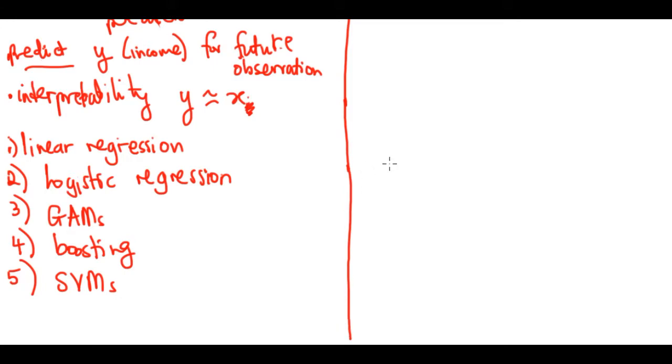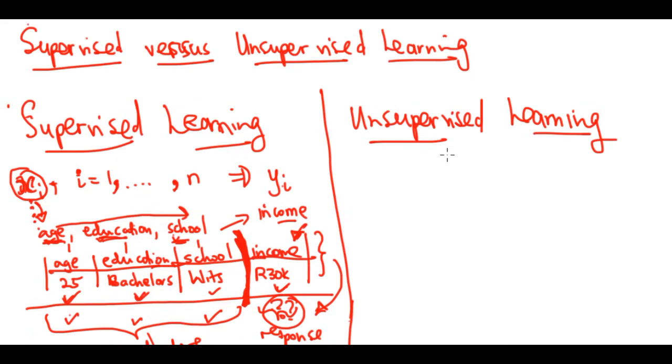In contrast, unsupervised learning describes something that is a bit more complicated and challenging, in which for every observation xi, let's say we have n people, we do not have an associated yi.